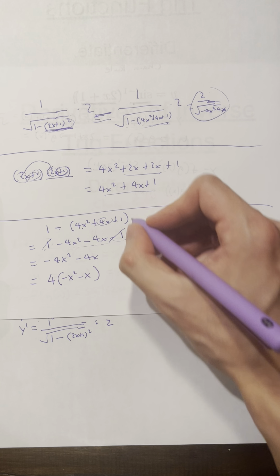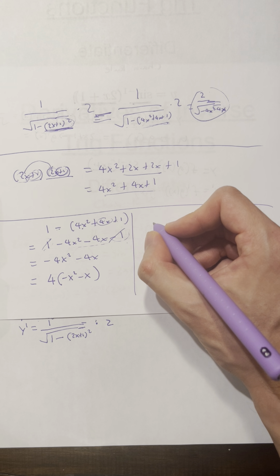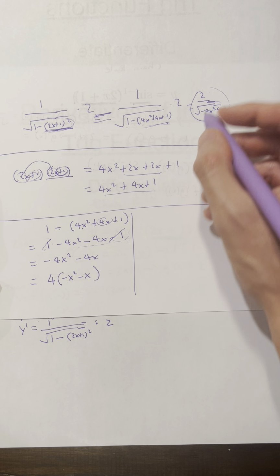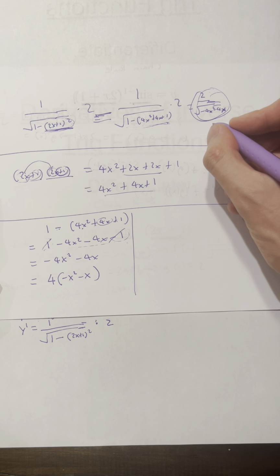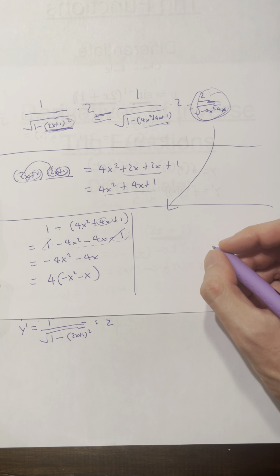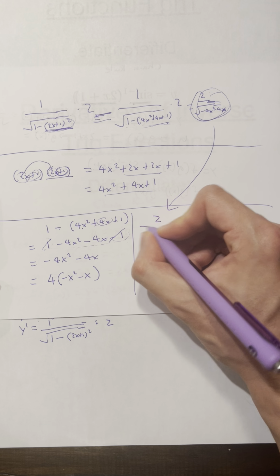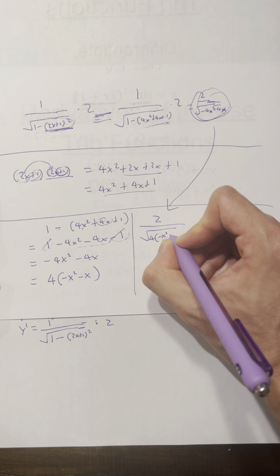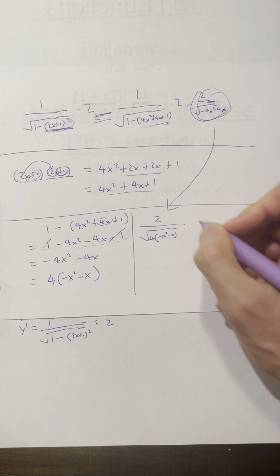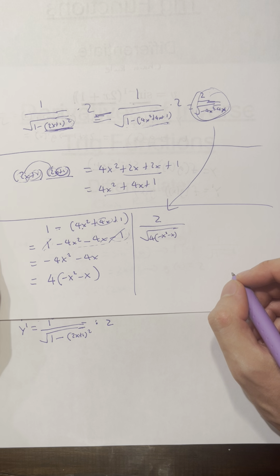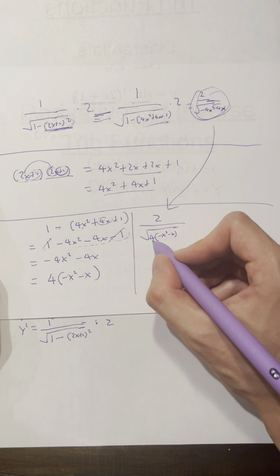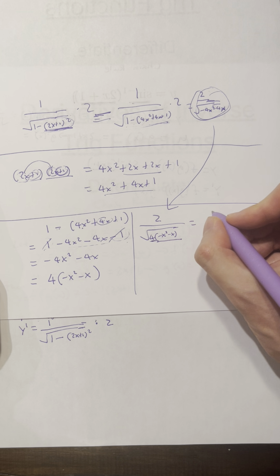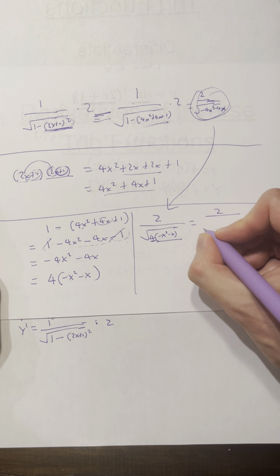Why am I doing this? Okay, so if I were to do that, what would this turn into? It'd be 2 over square root of 4 times negative x squared minus x. Okay. And since this is multiplication, 4 times this, I can break up the square root like this.